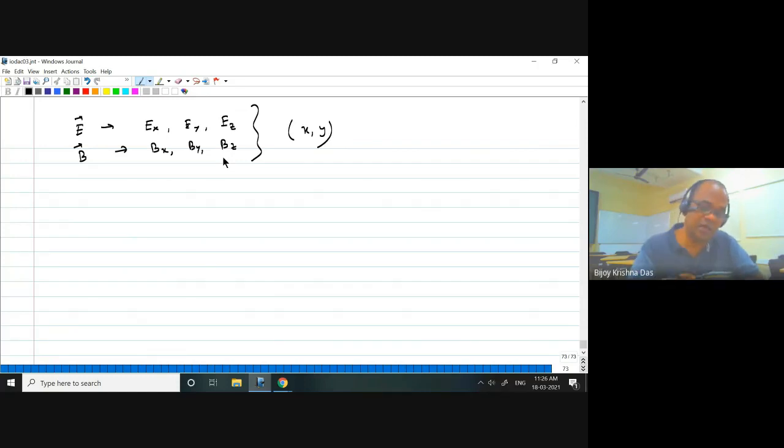Individually they are xy dependent, but all of them will have the same phase factor. The xy dependencies will be different, but the phase factor will be the same for all. All the components will have this.